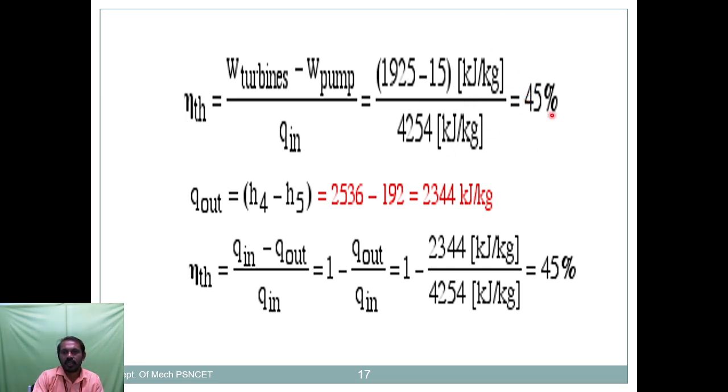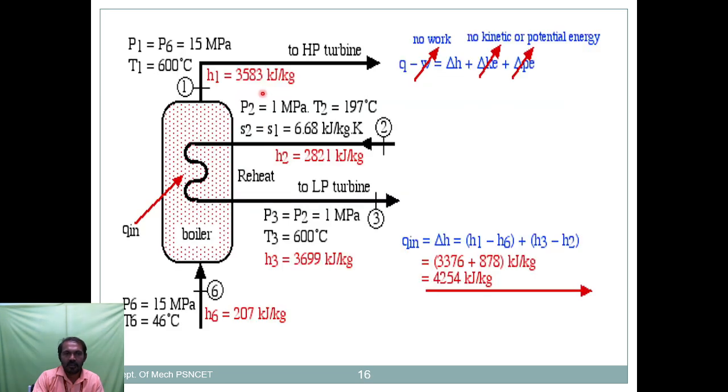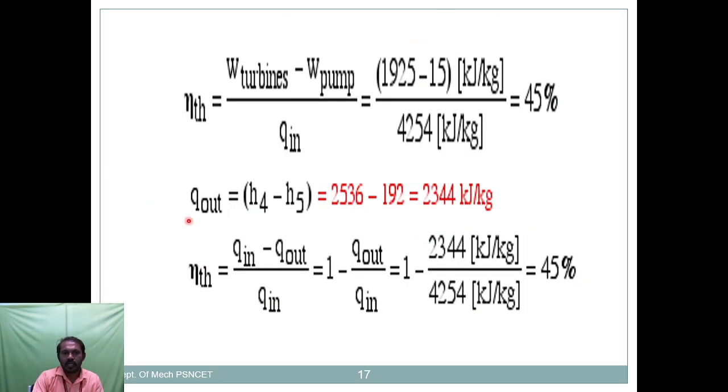So totally 45 percent thermal efficiency for this Rankine cycle. The heat rejected is 2344 kilojoule per kilogram. So this is the heat rejection, and finally the thermal efficiency is 45 percent.